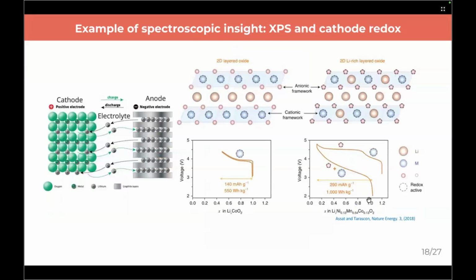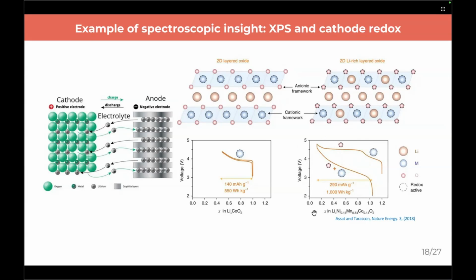In the end, I would like to give an example of the insights we can get from such spectroscopy studies. Here I mainly use the battery example, because in the battery, especially in the charging and discharging process, we would like to know more about its redox chemistry, like which element is participating in such redox chemistry, which will have a big effect on its properties, including the voltage and also the capacity.